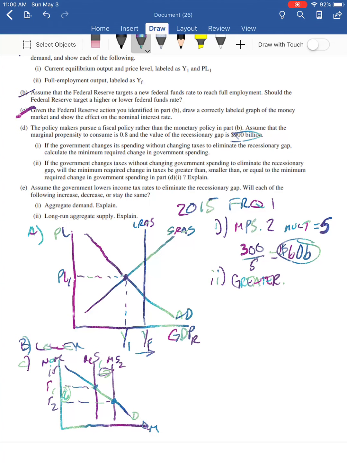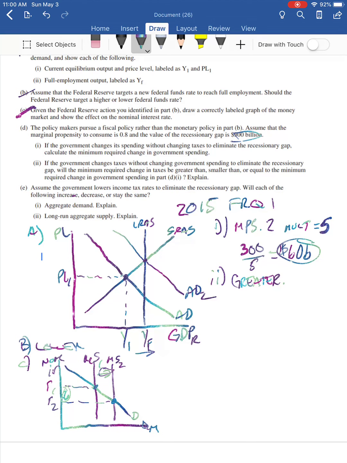And then letter E, assume the government lowers tax rates to eliminate the recessionary gap. Will each of the following increase, decrease, or stay the same? So if the government lowers tax rates to eliminate the recessionary gap, what's going to happen to aggregate demand? Well, if we go back to our original graph here, aggregate demand will end up shifting to the right.